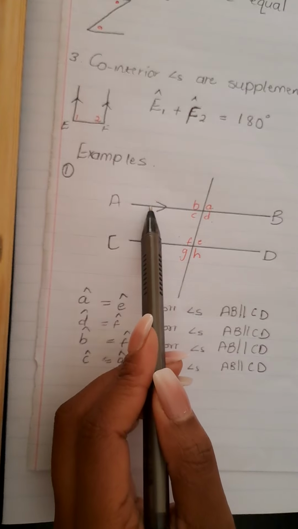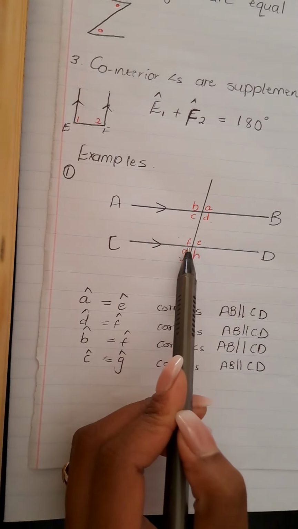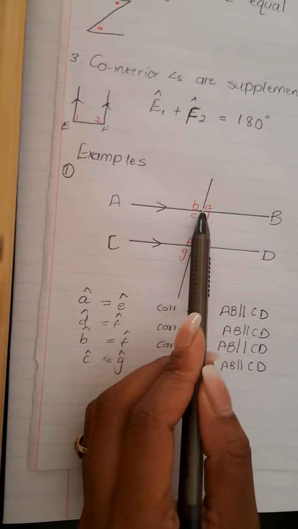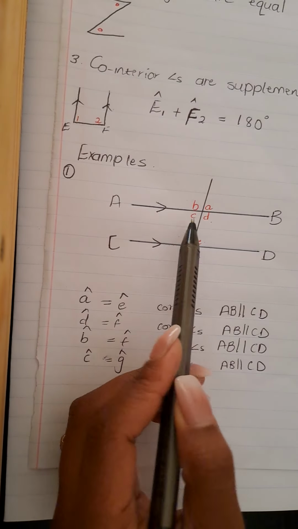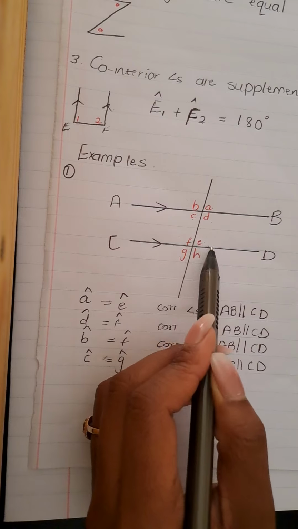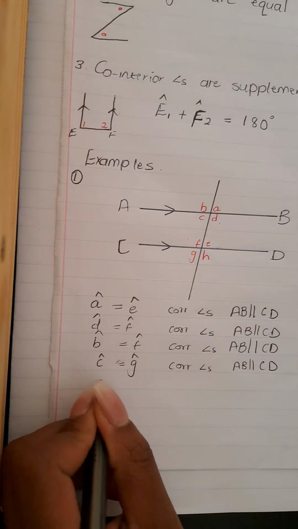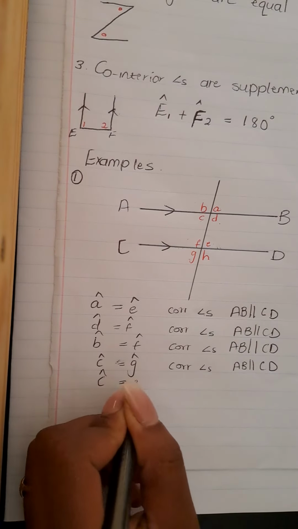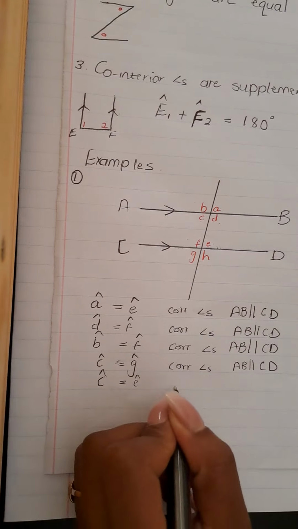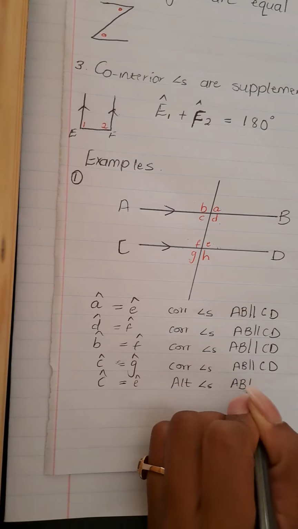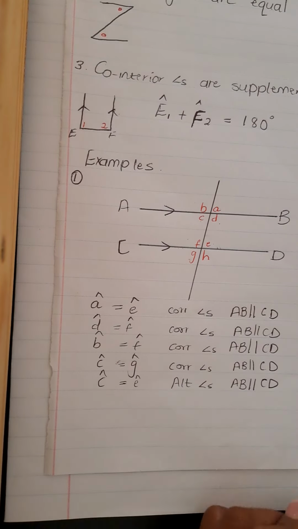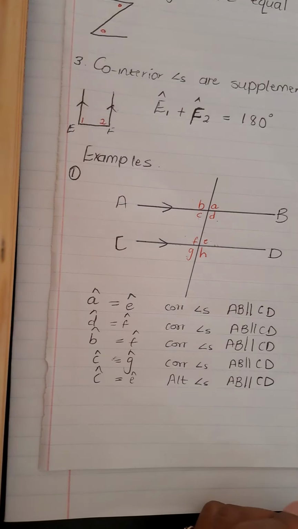If you follow my hand, you can see that this forms a Z shape like that. So that means angle C is equal to angle E, and then your reason will be alternating angles because AB is parallel to CD.